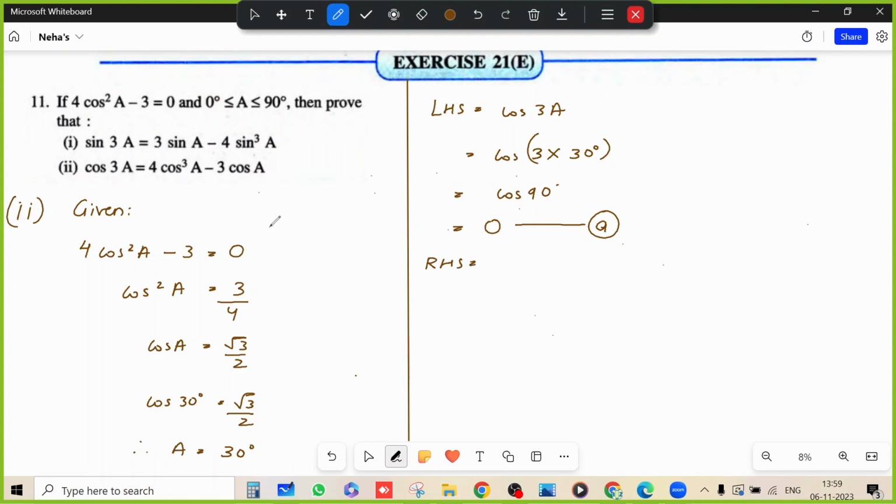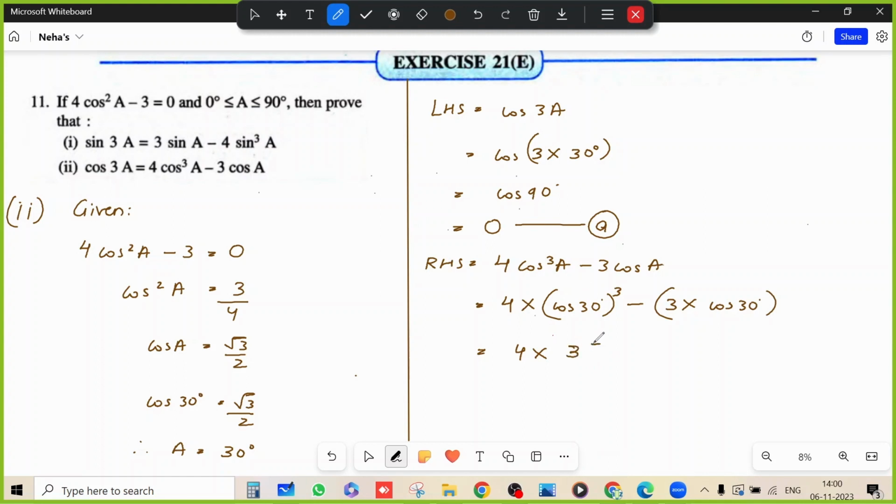Now we will begin with the right hand side, which is equal to 4 cos cube a minus 3 cos a. Here in place of cos a, we will write it as cos 30 degree. So this will become cos 30 degree whole cube minus 3 into cos 30 degree. Now we know the value of cos 30 degree is equal to root 3 by 2.